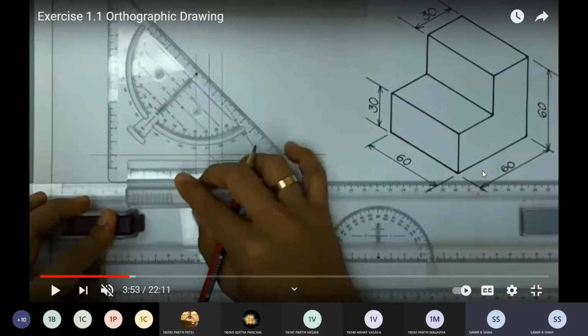Yes, this is very clear. 60, 60, 60, and this is 30.